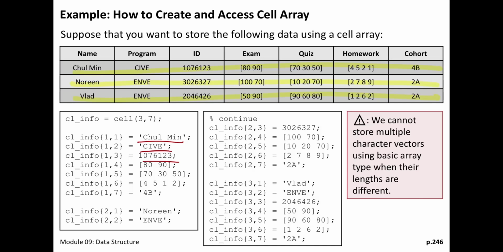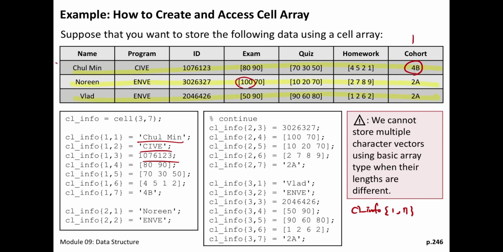Make sense? So now, how can we read the value of this one? That is class info. You need to use the curly brace 1 comma 7, because it is the 7th column and the first row. Okay. How about the first exam grade of Noreen?